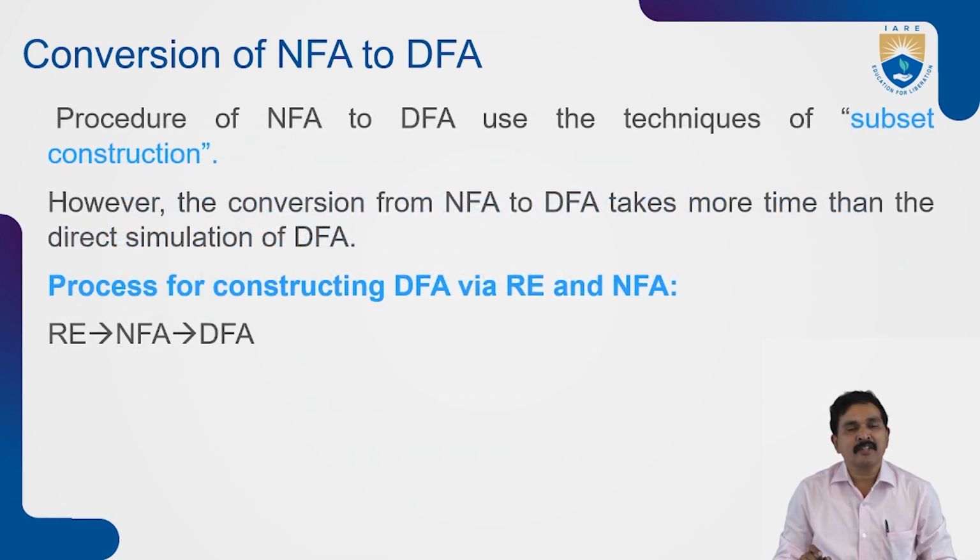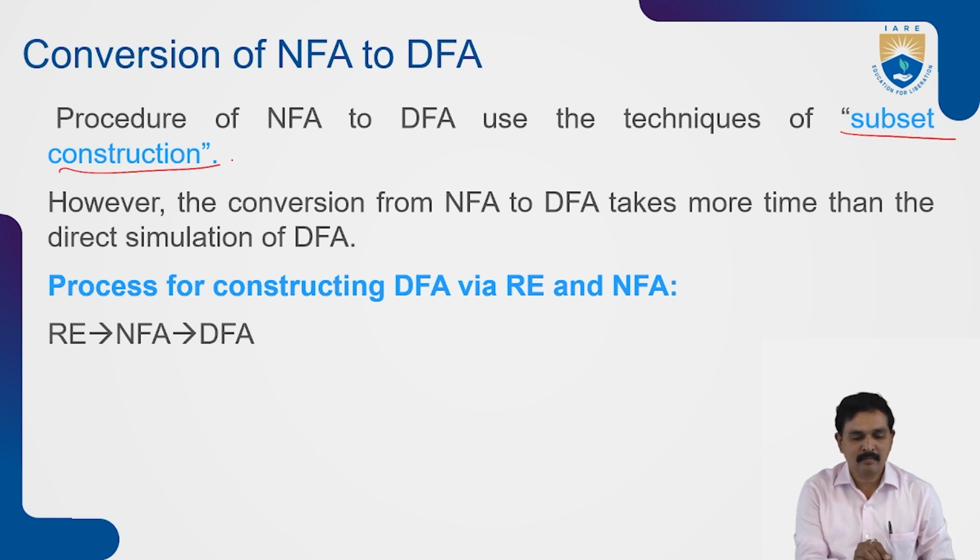In the construction of the deterministic finite automata, one concept is very important: the subset construction. Suppose the total number of states is q, then the number of different subsets is 2 power q.